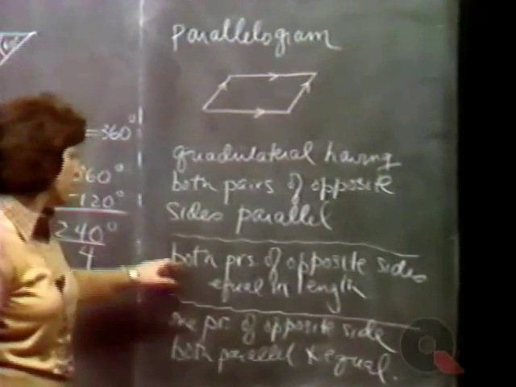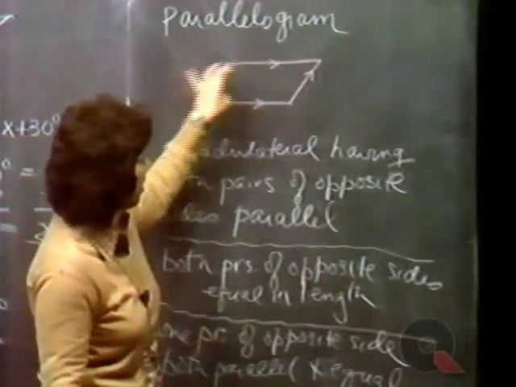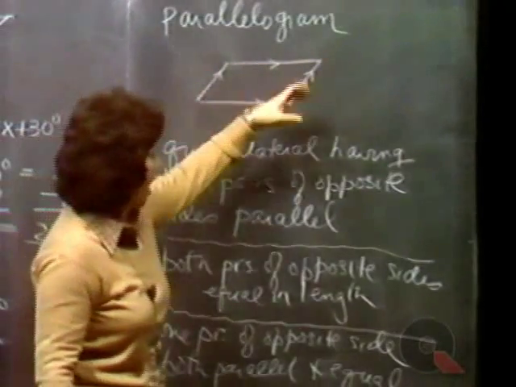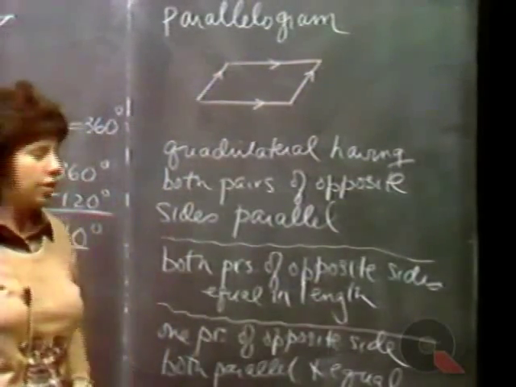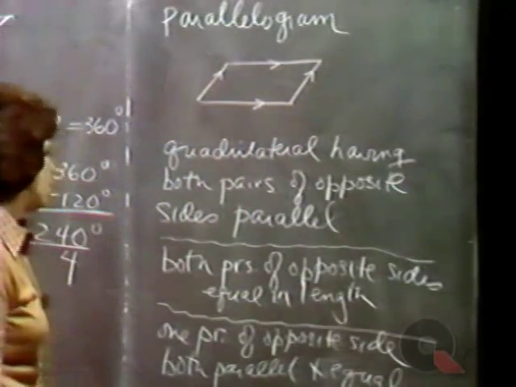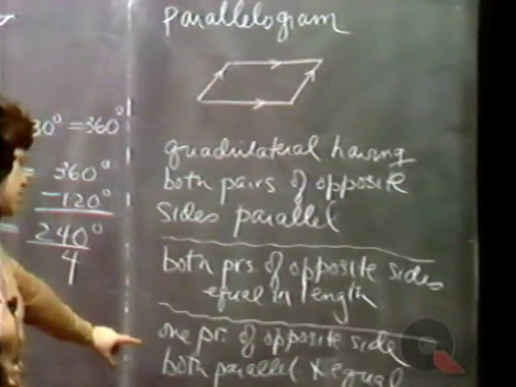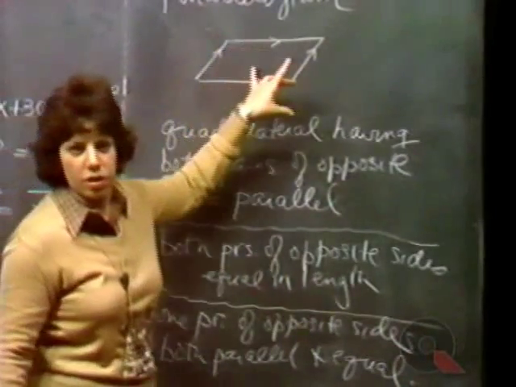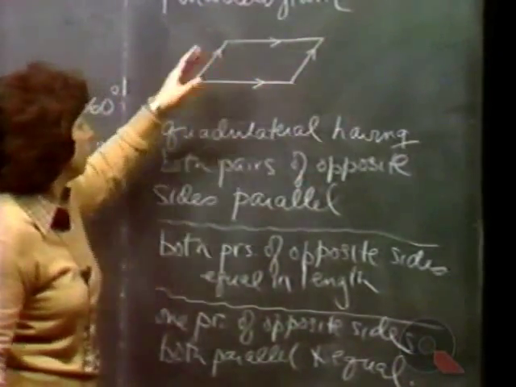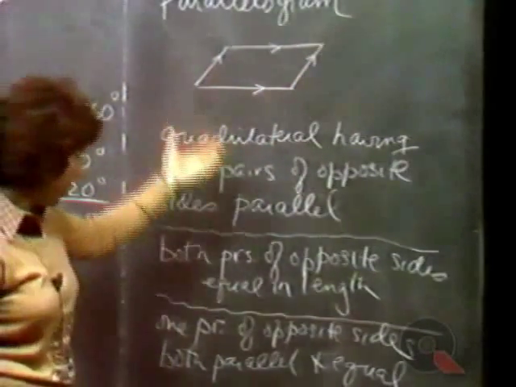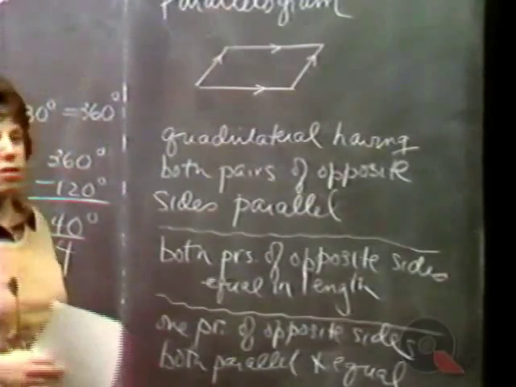Okay, if both pairs of opposite sides are equal in length, you can convince yourself that the opposite sides would also have to be parallel. If you fool around with possible drawings, you would come to this realization. If you had one pair of opposite sides both parallel and equal, then it would also have to be true that the other pair of opposite sides were parallel and equal. Okay, so in any of these conditions, you would have a parallelogram.